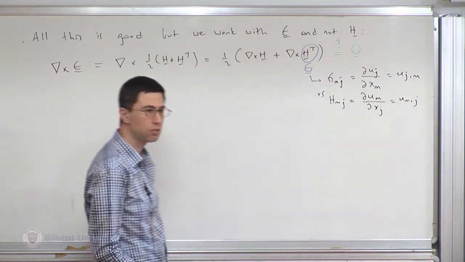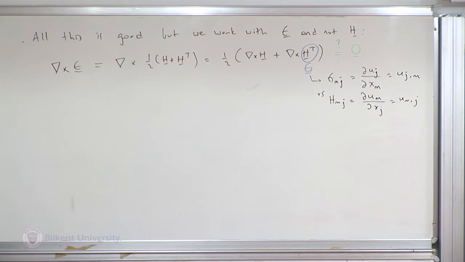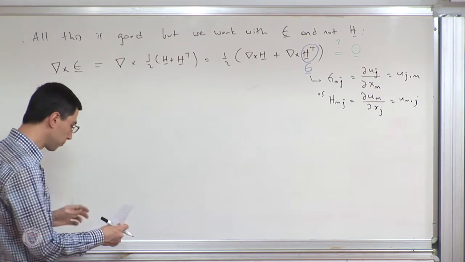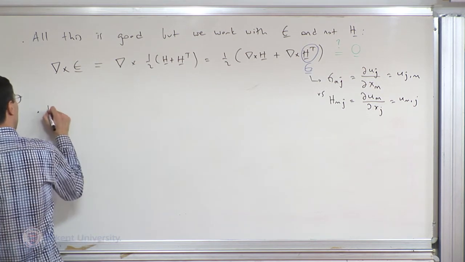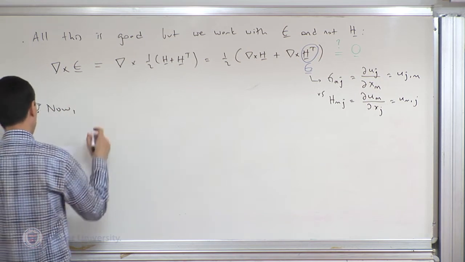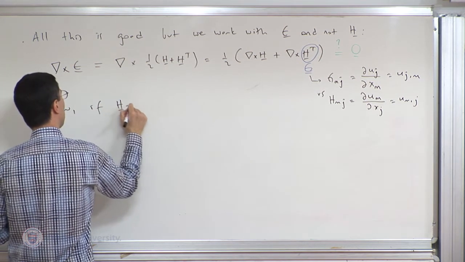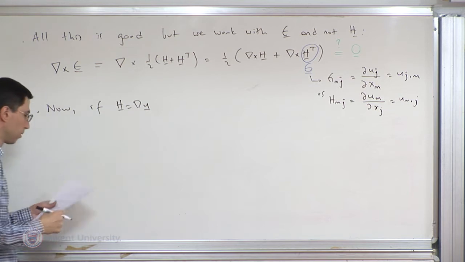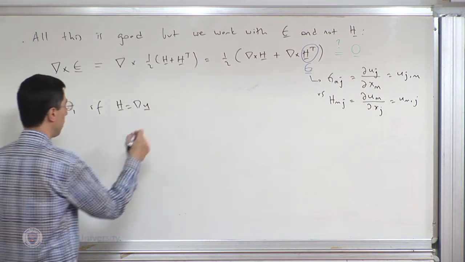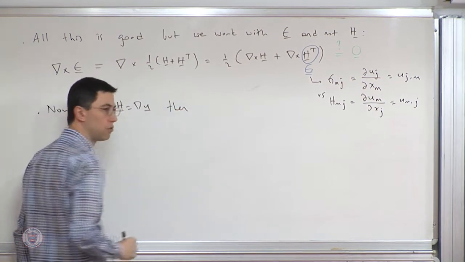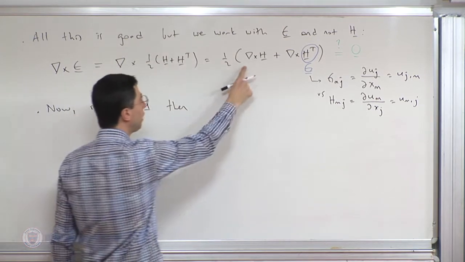I've switched the indices. So that's the difference between G and H. All right. So now, let's go back and assume that H is the gradient of U. So then, curl of H is equal to 0.